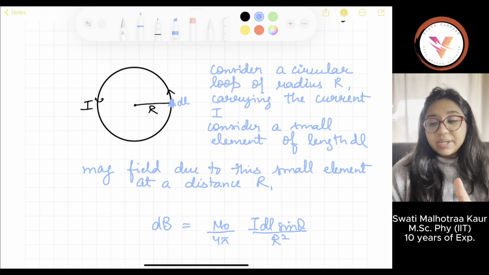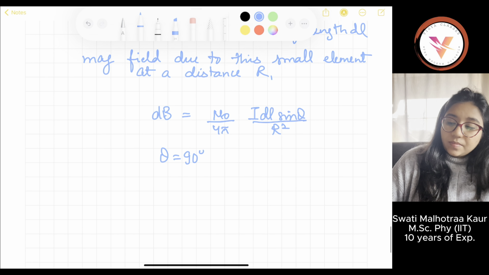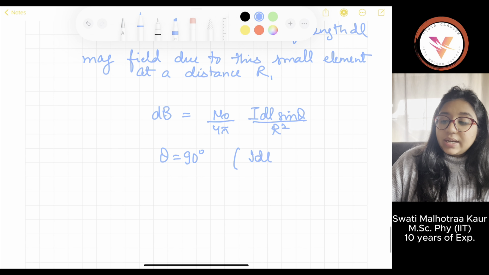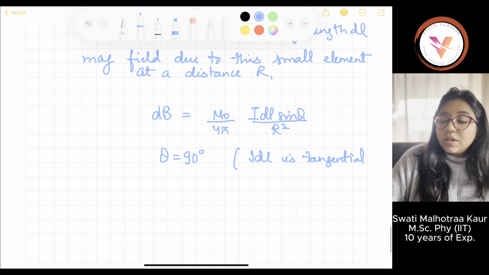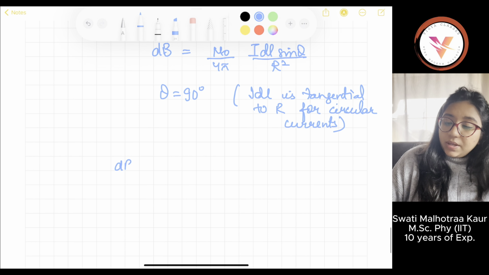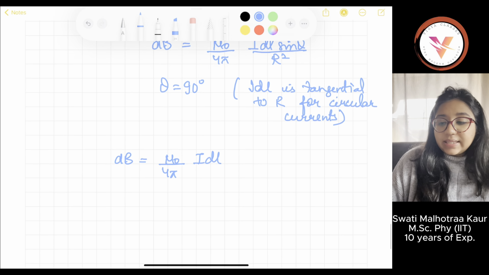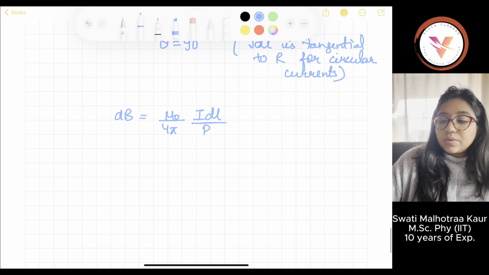And if the current element is tangential to R, then theta would be 90 degrees. So I dl is tangential to capital R for circular currents. So your dB will become mu naught upon 4 pi, I dl sin theta, which becomes 1 over R square.